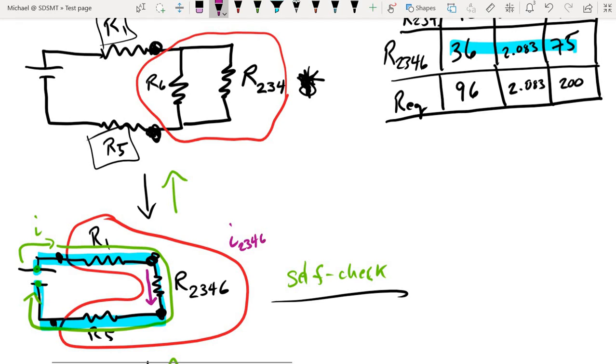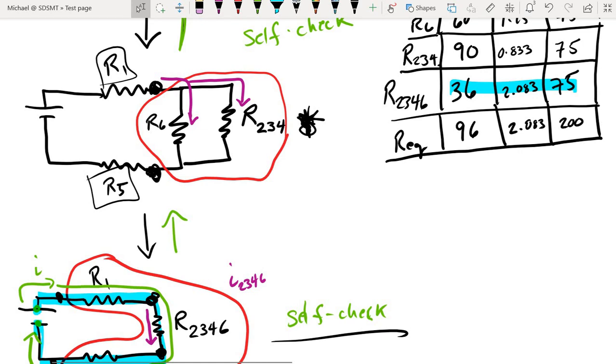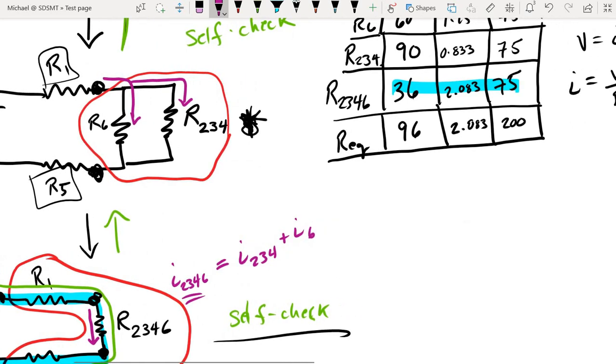Well, that now has to be split up to run through resistor 6 and resistor 2, 3, 4. So whatever current that those two resistors have running through them is going to have to equal the current that ran through their equivalent. That's our self-check.